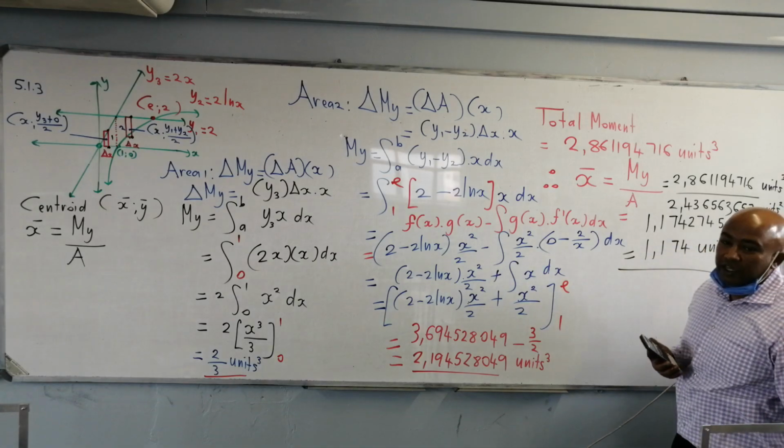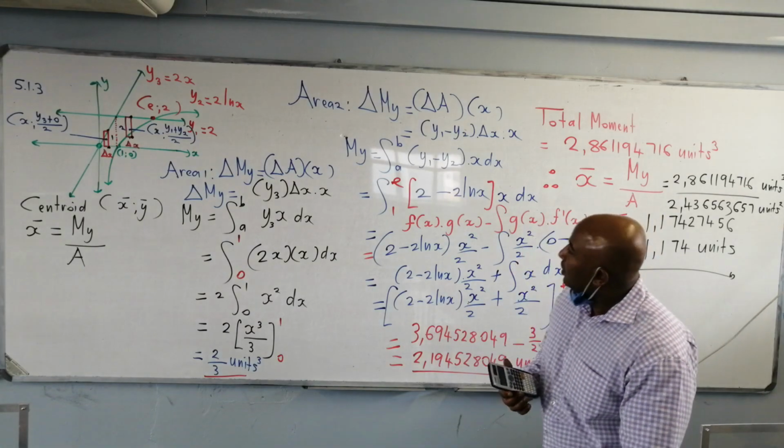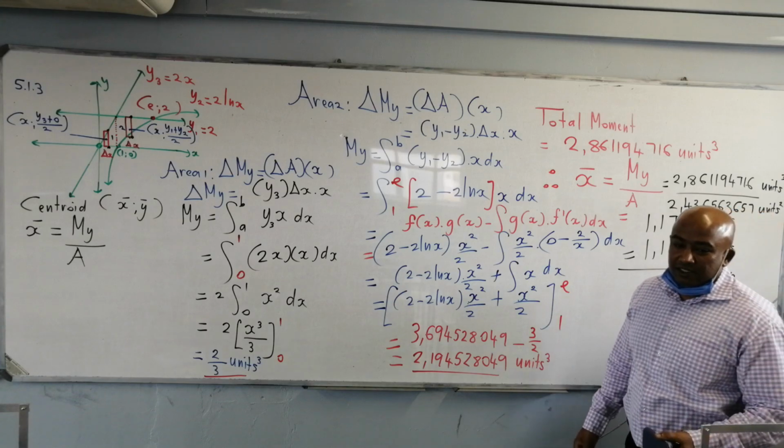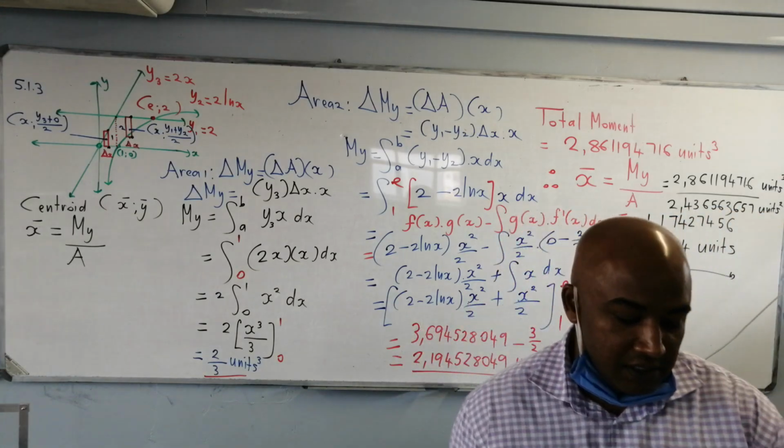And that is the x-coordinate of the centroid using a representative element with a breadth of delta x. Right, it's your choice in the exam.